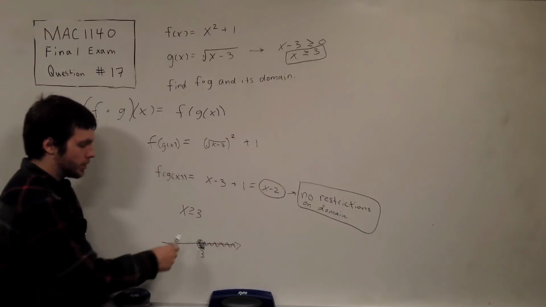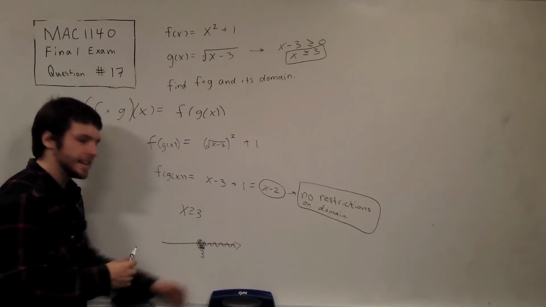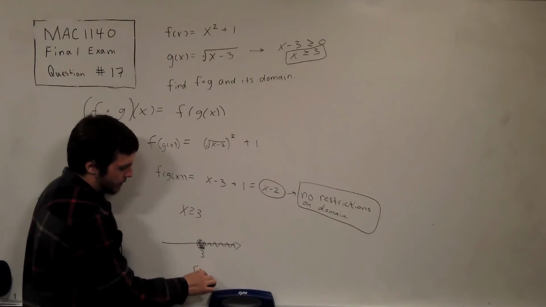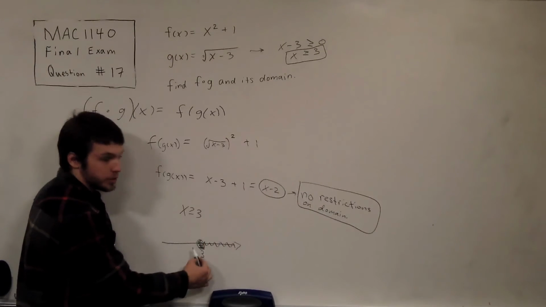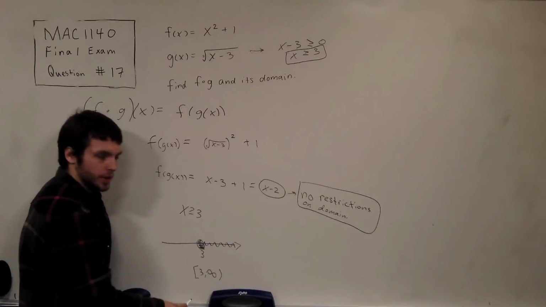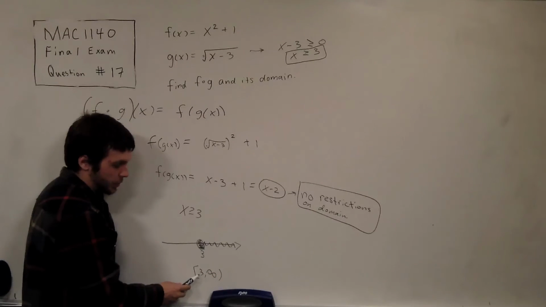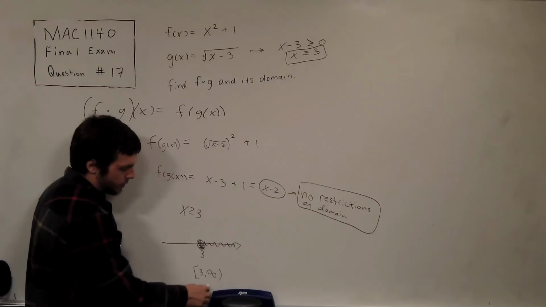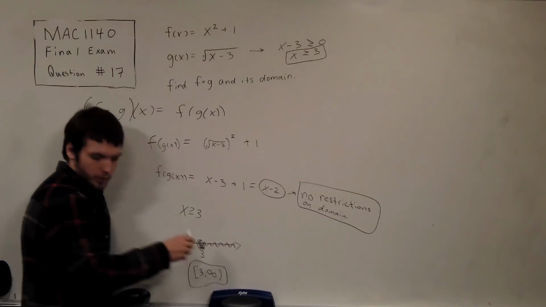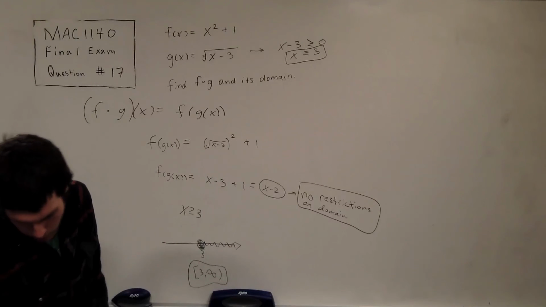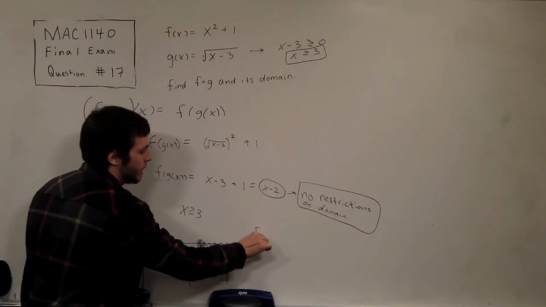So to go from the number line to interval notation, to indicate that we include the 3, we put a bracket and then we write our interval. Our interval is 3 to infinity. You always put a parenthesis with infinity, and since we're including the endpoint of 3, we put a bracket there. This is our interval from 3 to infinity. That's our domain. That corresponds to choice E on your paper.